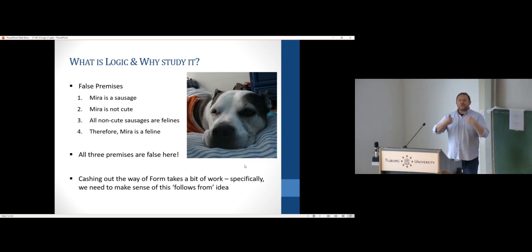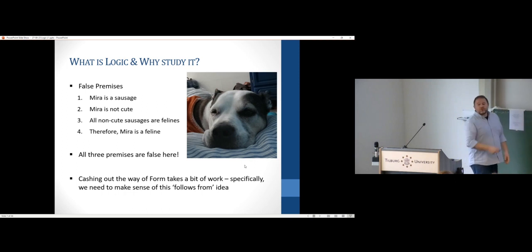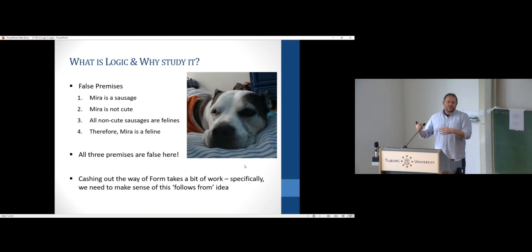So we've already started to pull these two ways apart. There's a question about the truth or falsity of the premises. And then there's a separate question of, well, look, if they were true, could they get us to the conclusion?